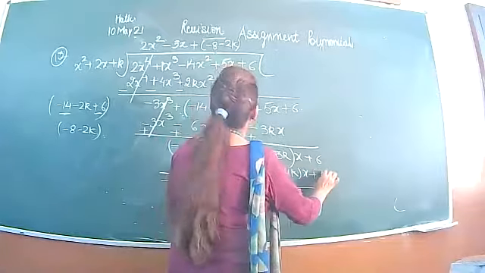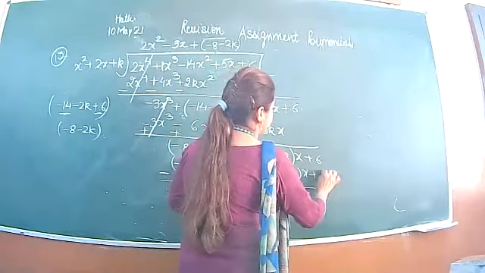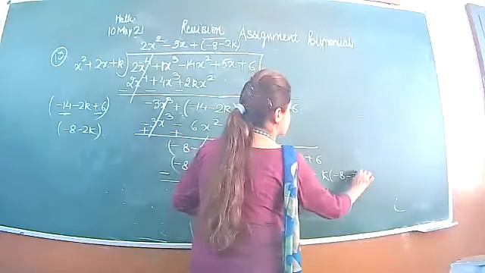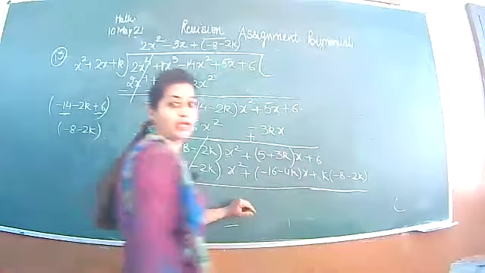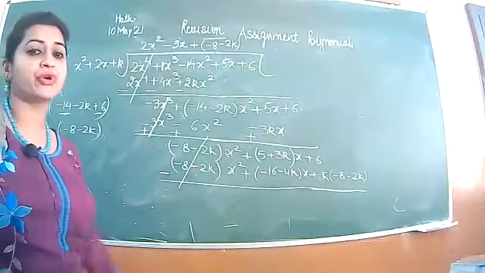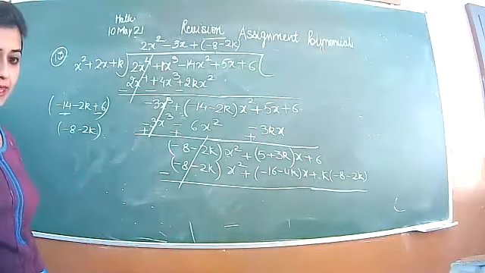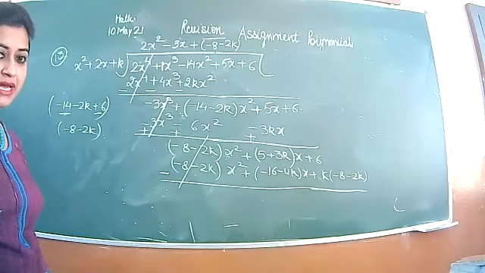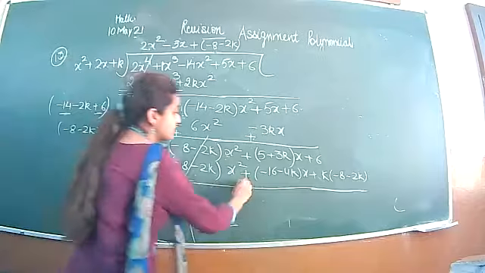Third term is k times minus 8 minus 2k. Now please check it out. Do you have any doubt? Any doubt? Now change the sign.